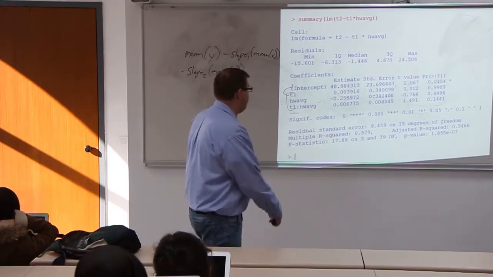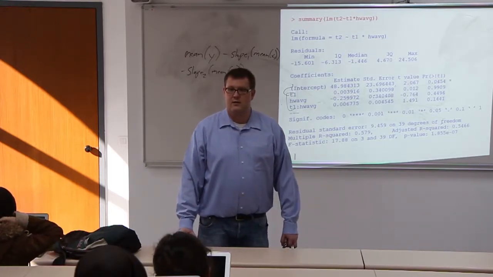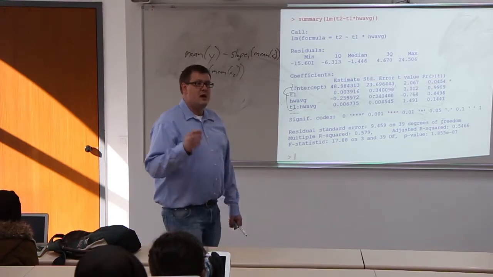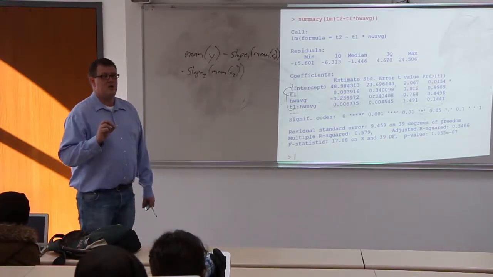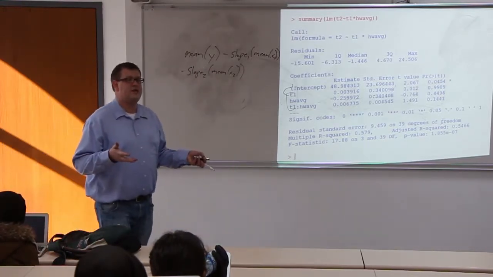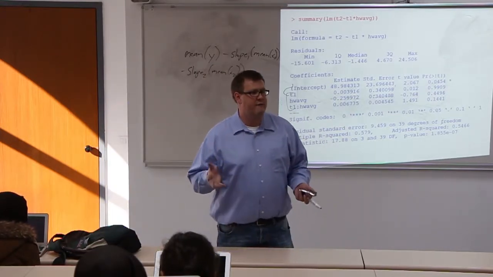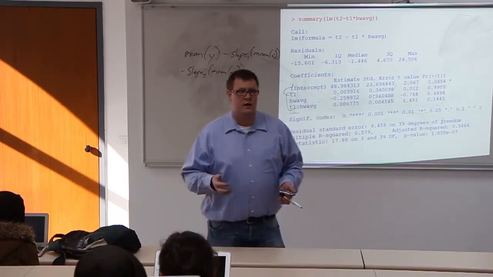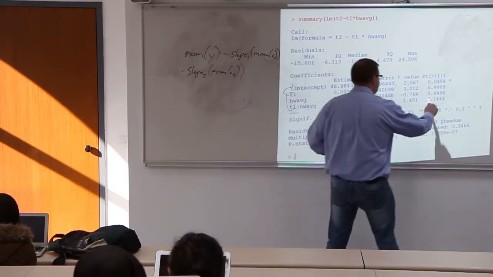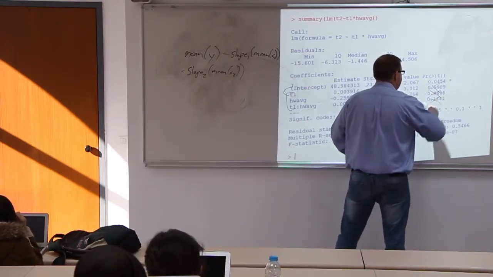If we look at the p-values, what do we see? If the null hypothesis was that there are no correlations, and we had a 0.05 alpha level, what would we say? We would fail to reject, fail to reject, fail to reject.